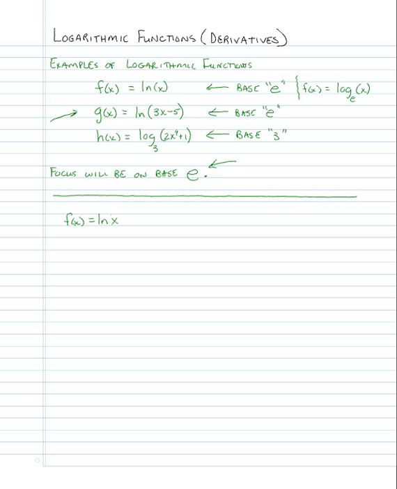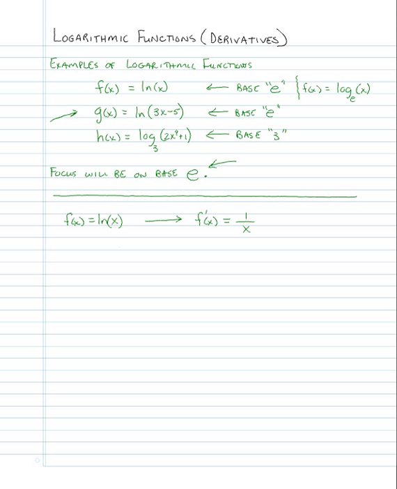To do it accurately, we really should put parentheses around the x. If we have a function f of x which is natural log of x, then the derivative of that function is 1 over x. That's the derivative of the function.